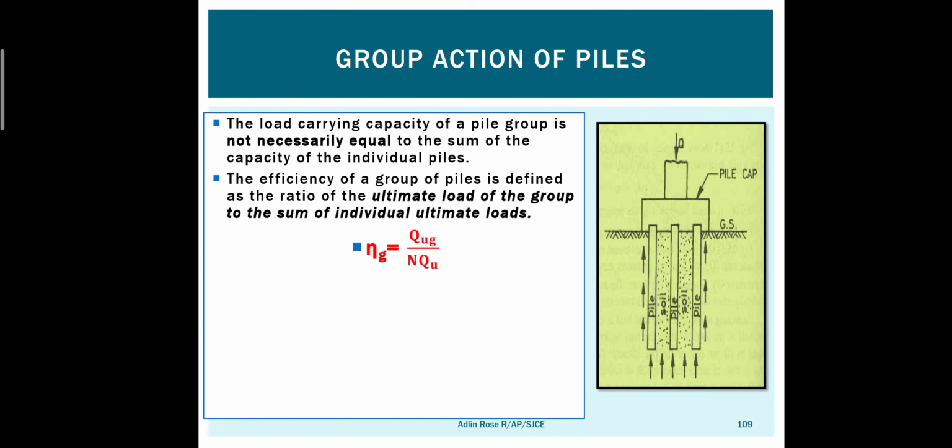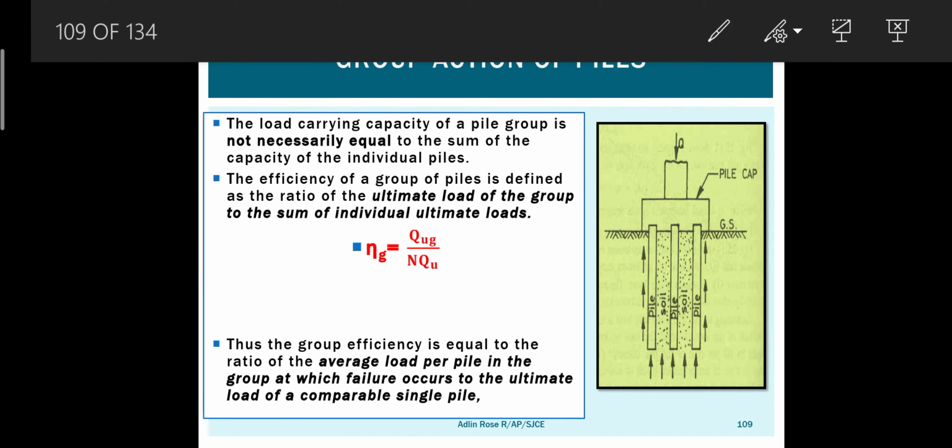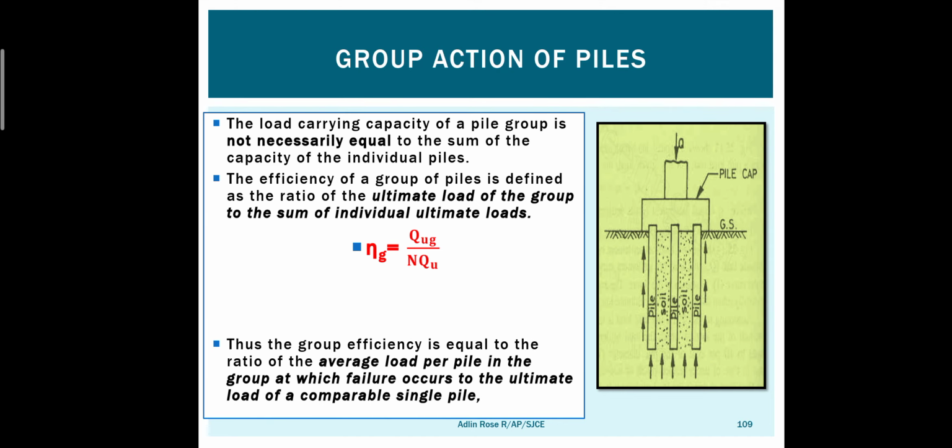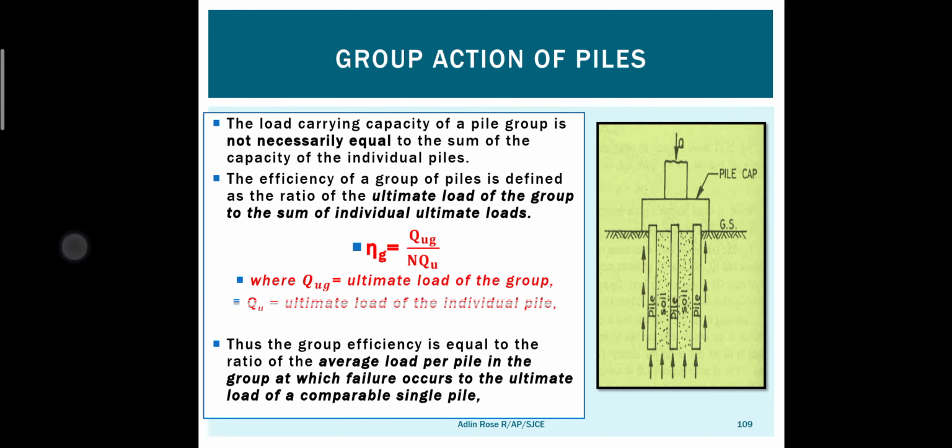N is the total number of piles in a pile group, and QU is the ultimate load of the single pile. So remember this formula. QUG is the ultimate load of the pile group, QU is the ultimate load of the individual pile, and N is the total number of piles in a pile group.